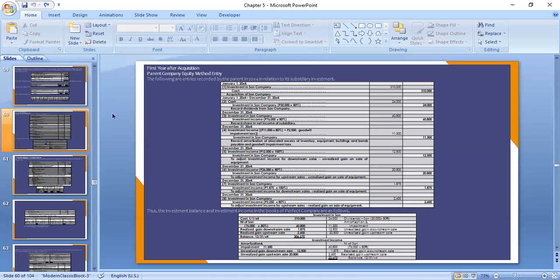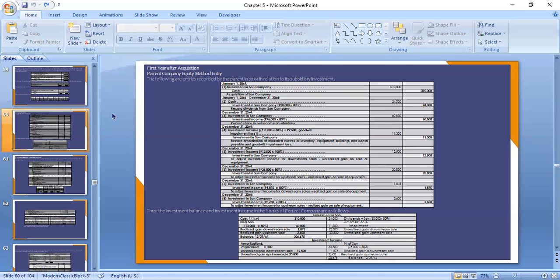So, if realized, you debit the investment account and credit investment income. So, if unrealized, you debit investment income and credit the investment account. If realized, you debit investment account and credit investment income.